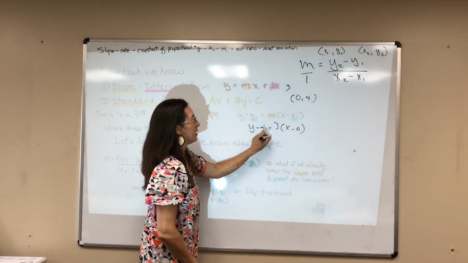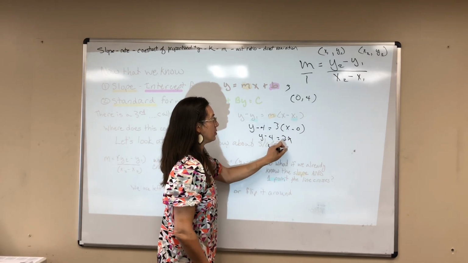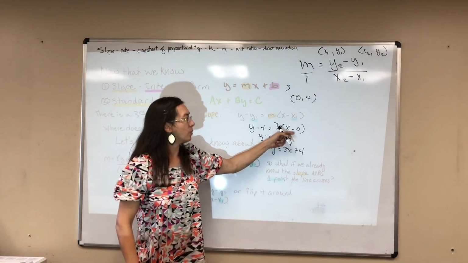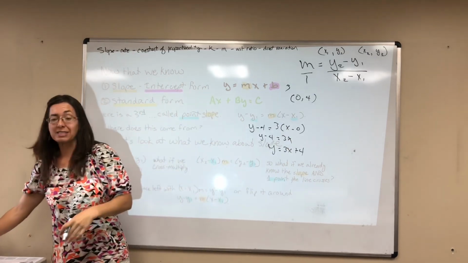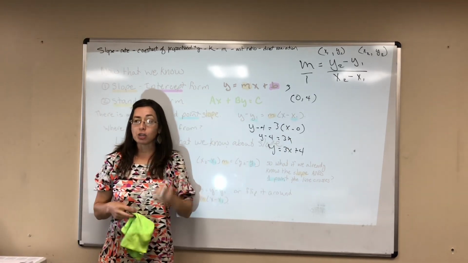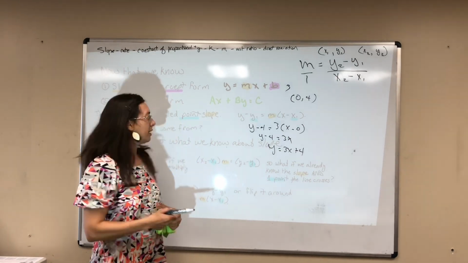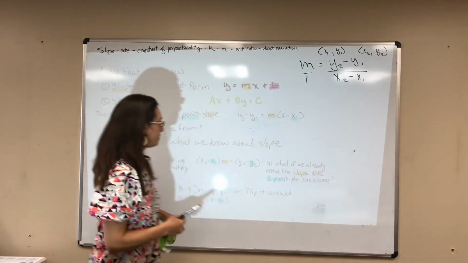This is y minus 4 equals 3x. If I move it over, y equals 3x plus 4. So we can see that we can use it that way. You can always use it. That's the great thing: all of these equations should get you the exact same answer for all 4 of them, every single time. It just depends on what you're plugging in and which ones are faster. Okay?